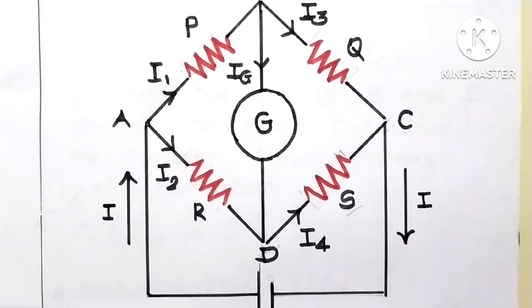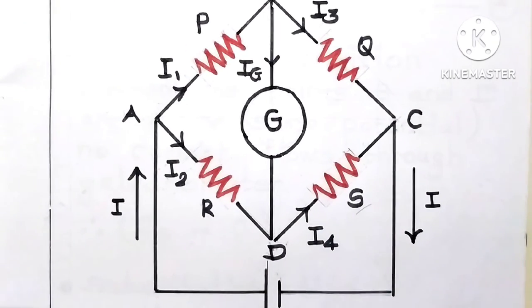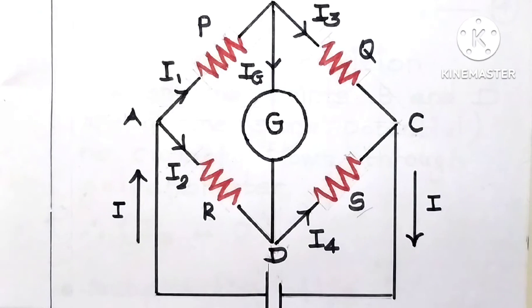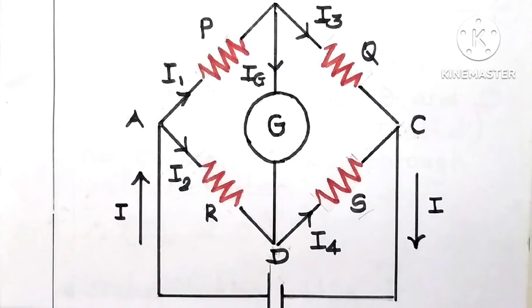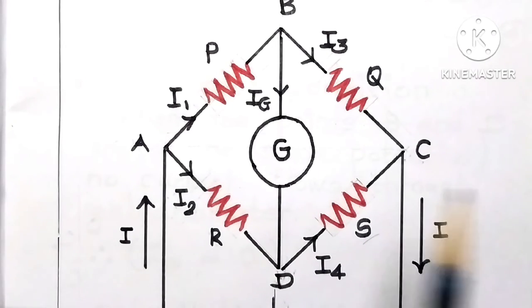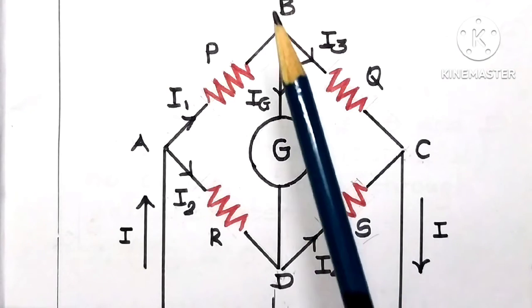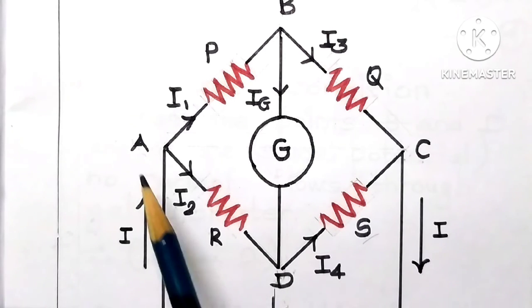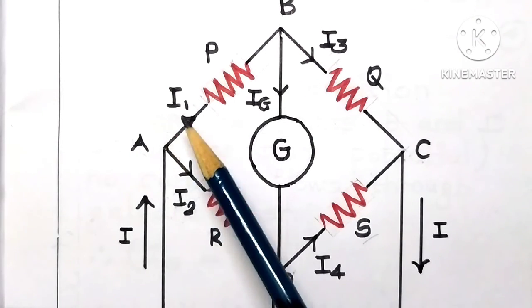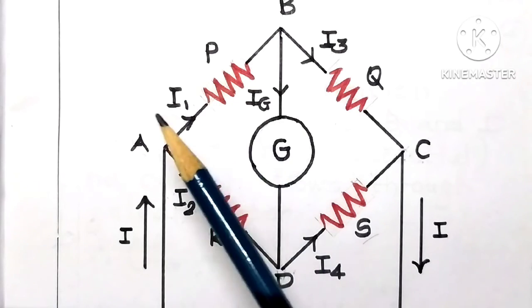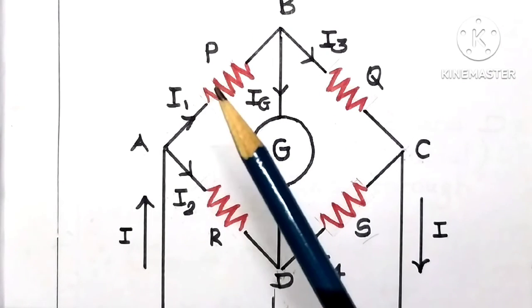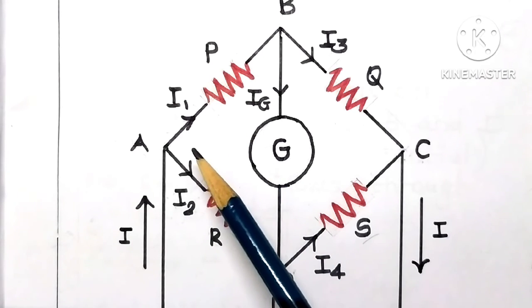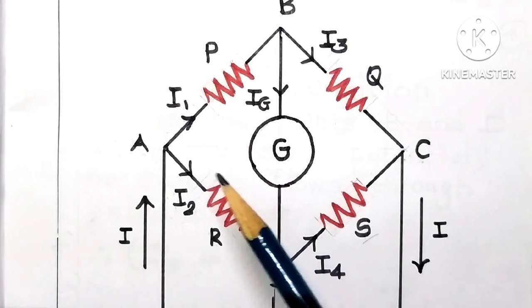Now, we are going to apply Kirchhoff's second rule, the voltage rule, to the loop A, B, D, A. So, we have taken the path in this way from A to B, from B to D, then again from D to A. Whatever currents have the direction along our path are taken as positive, and the currents whose direction is opposite to our direction are taken as negative.